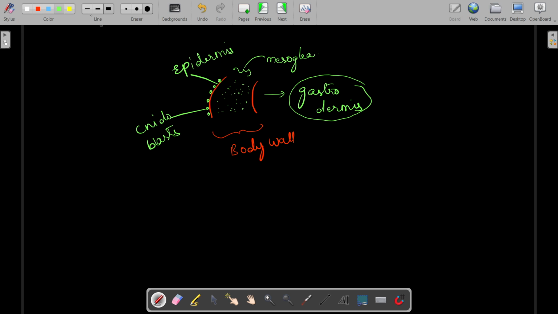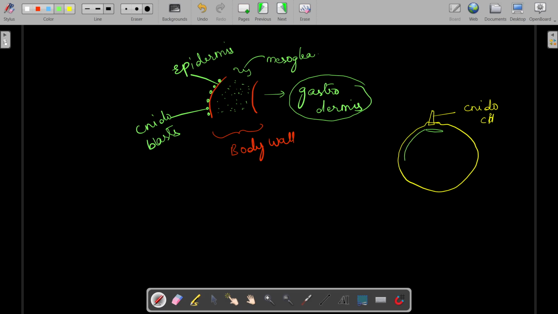Next, coming to the cnidoblast. Let's draw it. You have a small sharp structure called the cnidocele, and a nematocyst.